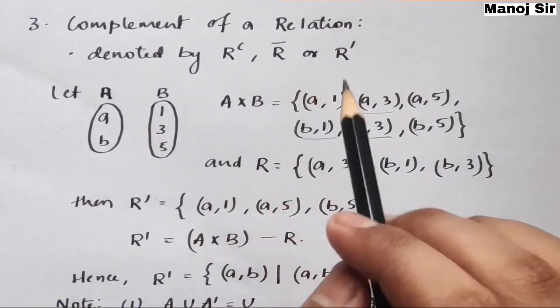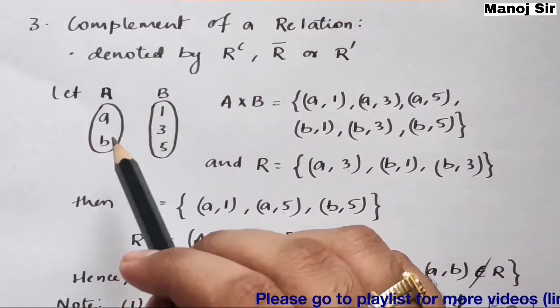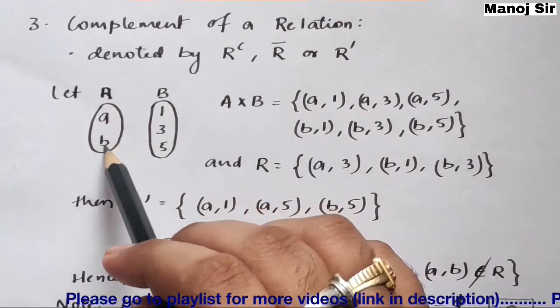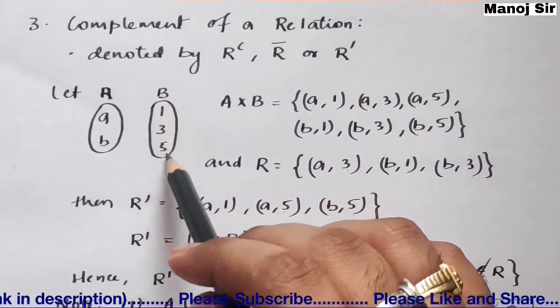Let's say we have two sets A and B. The elements present in set A are a and b. The elements present in set B are 1, 3 and 5.